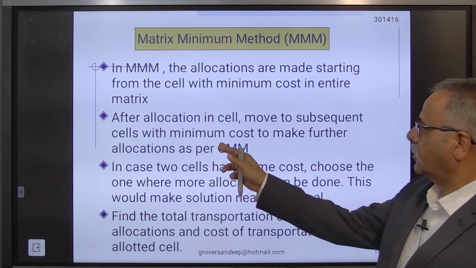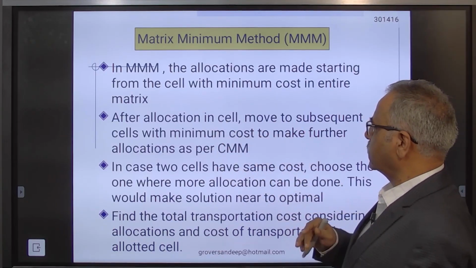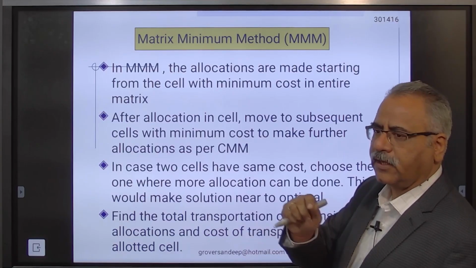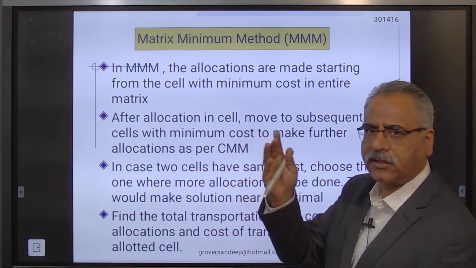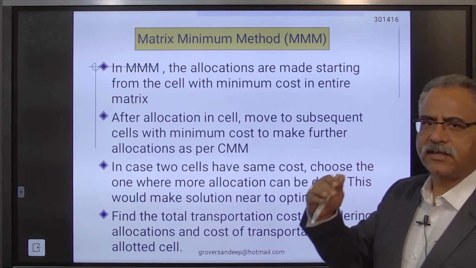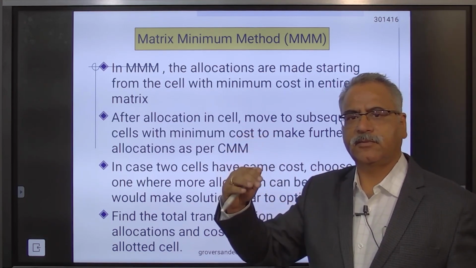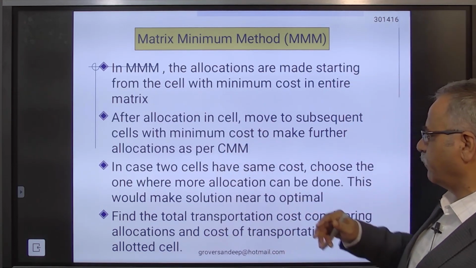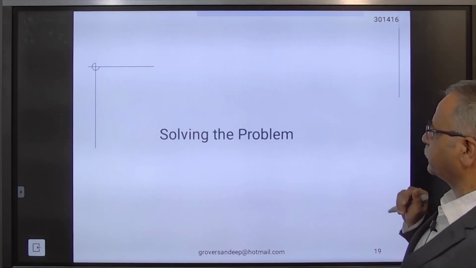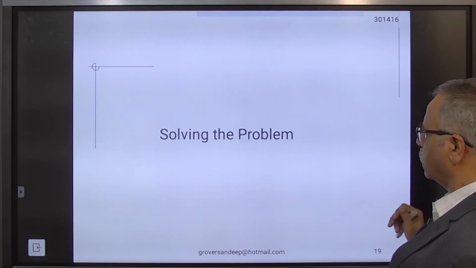So, after allocation in the cell, move on to the subsequent cell with the minimum cost to make further allocation. That means, you do not have to move row wise or column wise, you see the overall picture of the matrix, and wherever is the minimum cost, you just start going from the minimum to the next higher cost. Okay. Do the allocations and then again find the total transportation cost. So, let us solve this problem.